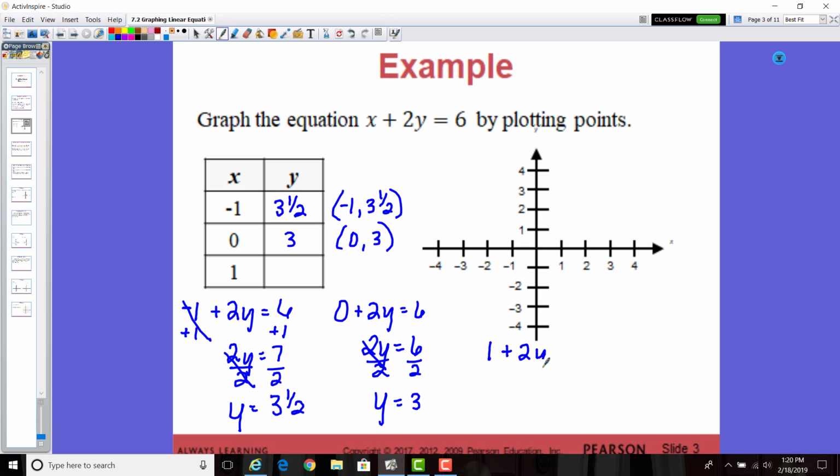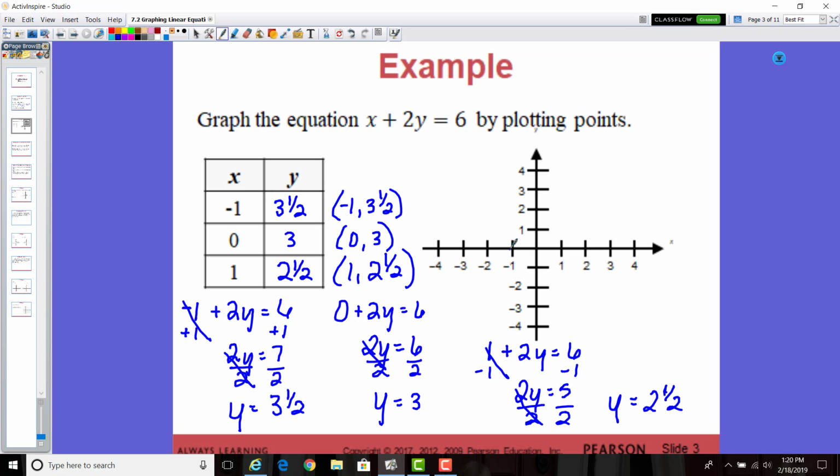So 1 plus 2y equals 6. I'll subtract 1 this time. 2y equals 5. And when I divide by 2, y equals 2.5. So when x was 1, we solved the equation to find out that y was 2.5.